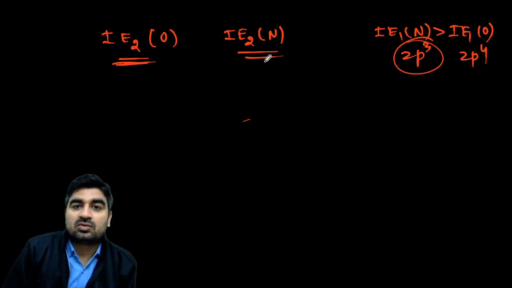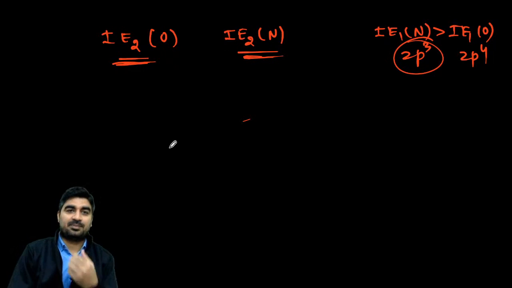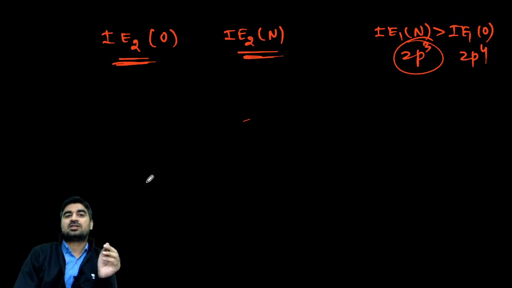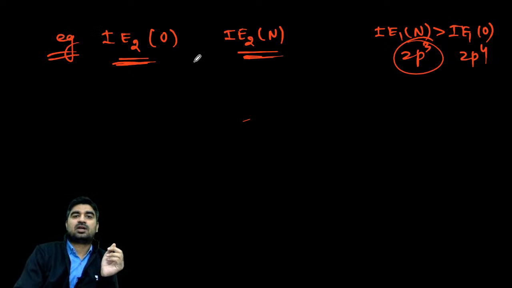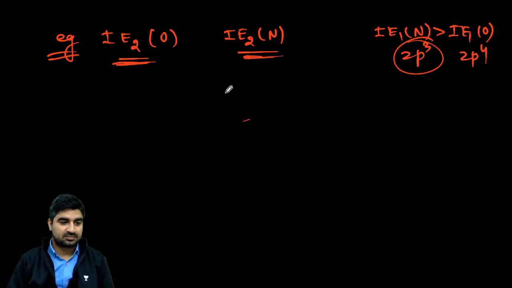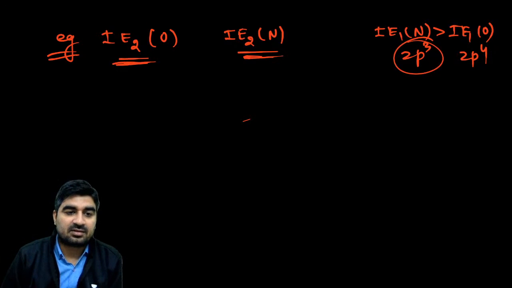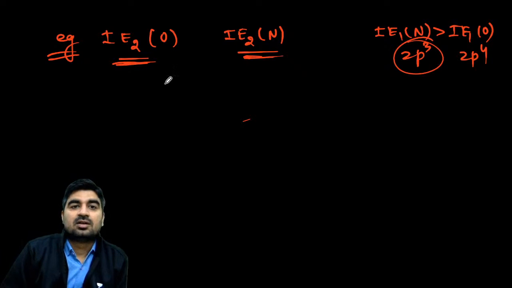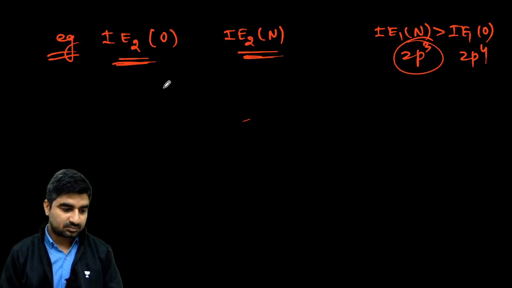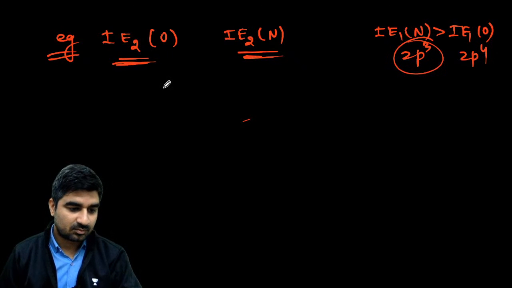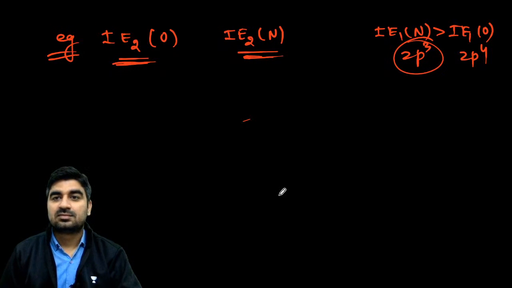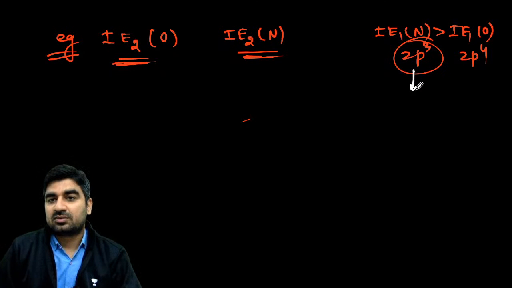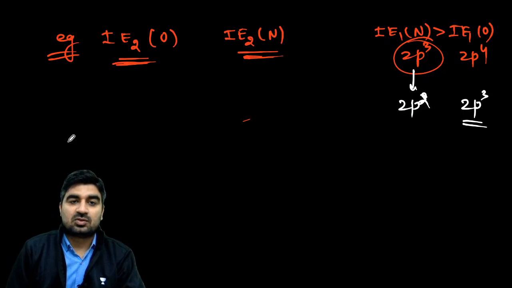Now if I ask you I2, what will happen? Can you tell me which one is more, I2 of oxygen or I2 of nitrogen? Tell me guys. After removing one electron, oxygen's 2p4 will become 2p3.